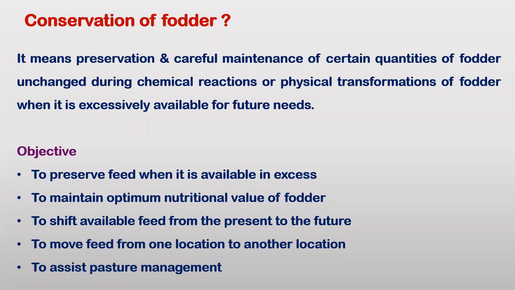This is a very important objective. By conservation of feed resources, we can also manage the pasture in a well manner. So these are the five objectives of conservation of fodder or green fodder.